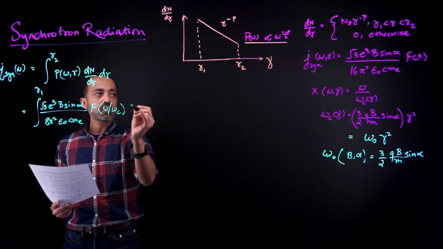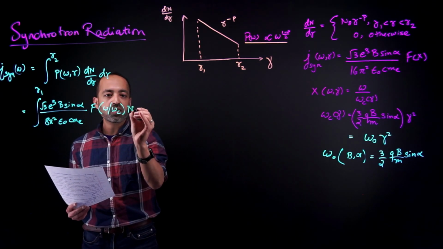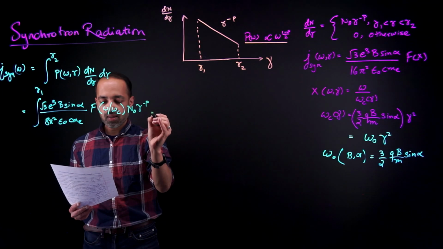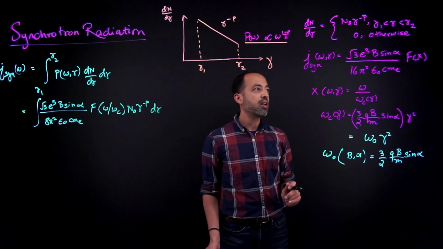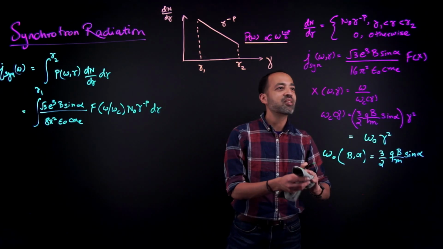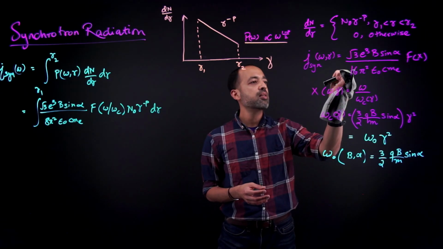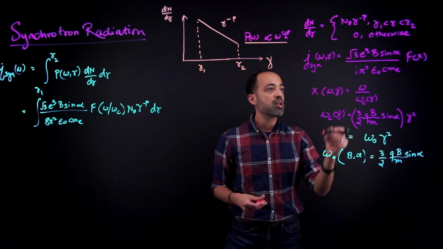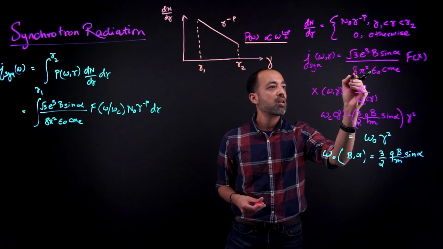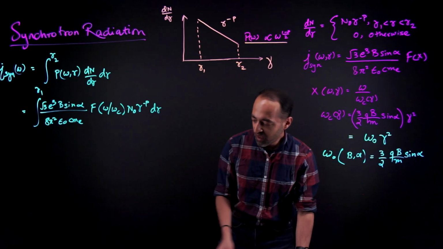And then dn/d gamma, which is n naught gamma to the minus p d gamma, which indicates to me that we have a typo here, and that this 16 should just be an 8. So we shall put that in here and proceed.